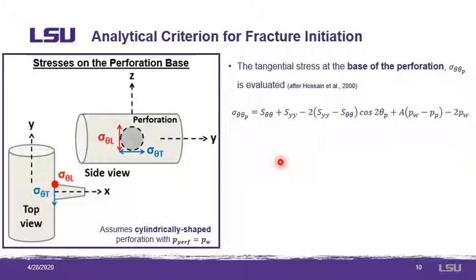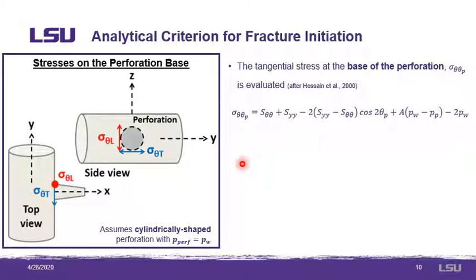This enables us to derive a mathematical expression for the two cylinders intersection point, which is the base of perforation and is what I call here sigma theta theta p. P stands for perforation.